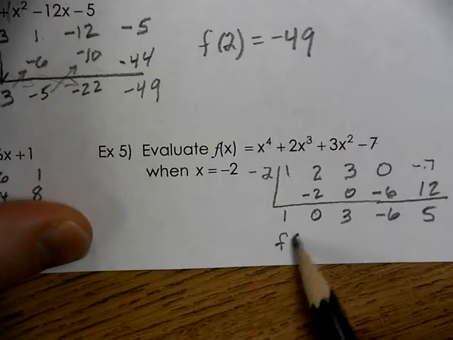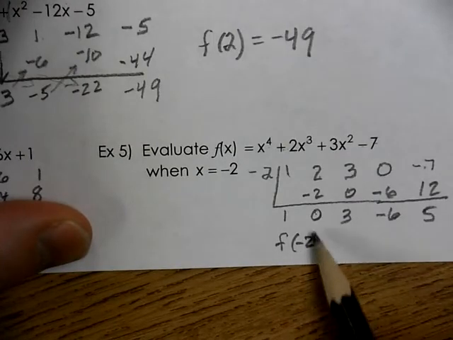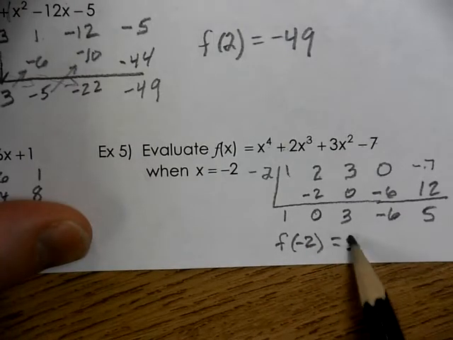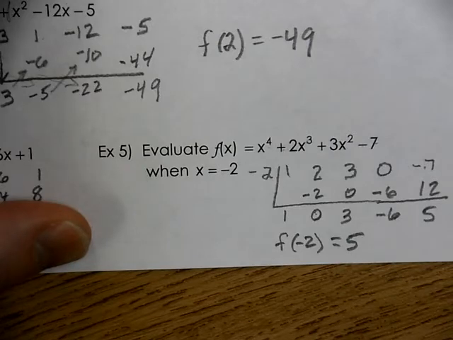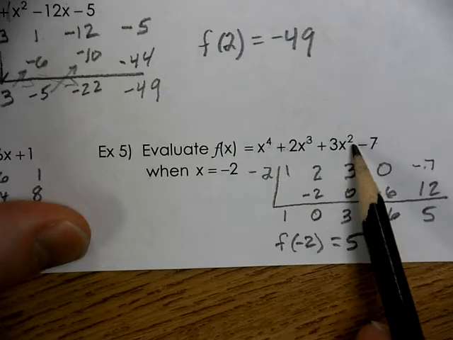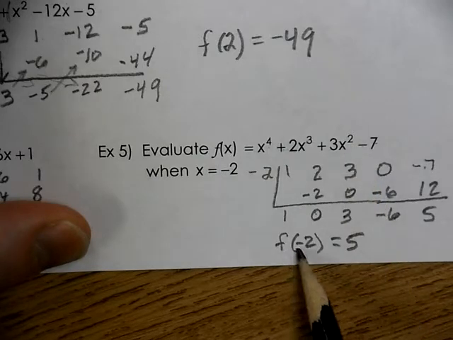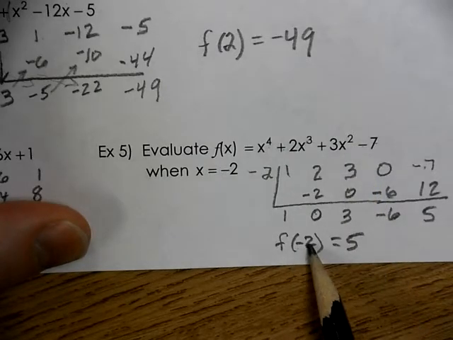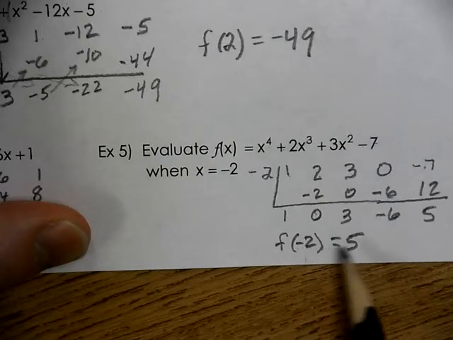So our f of negative 2 is going to equal 5. So that means for this quartic polynomial, when you plug in negative 2, or on the graph where x is negative 2, the y value would be 5.